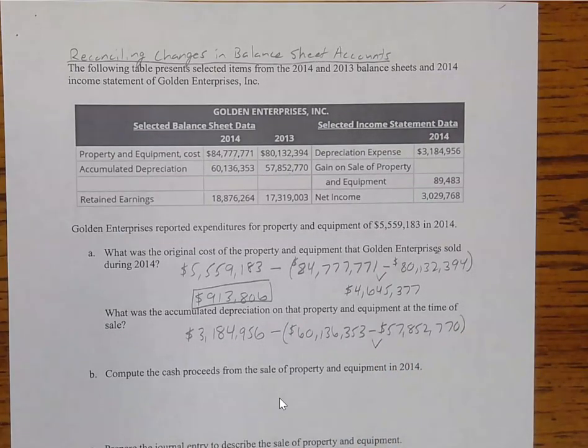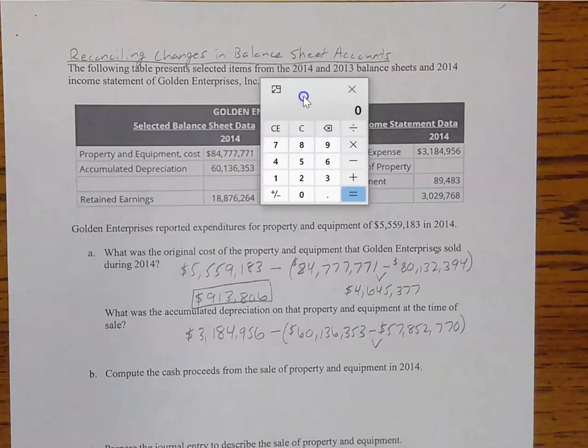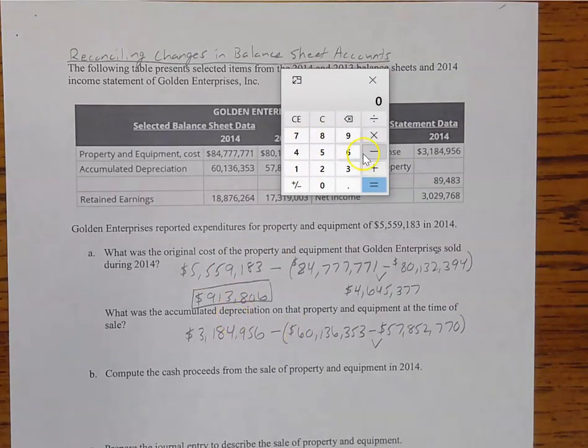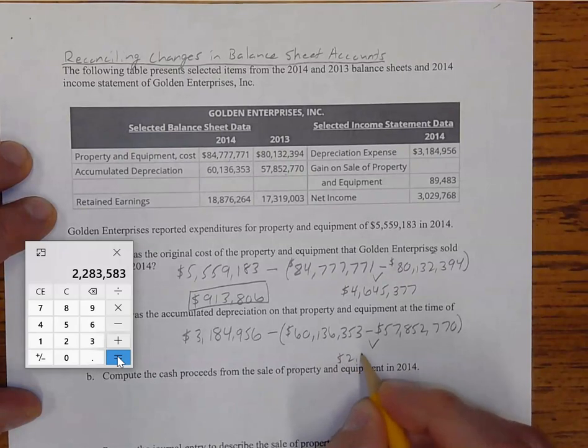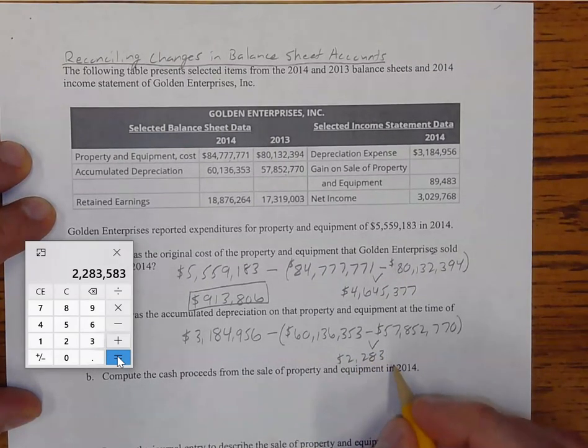Let's see what that is, because I have no idea. 60,136,353 minus 57,852,770 equals 2,283,583.